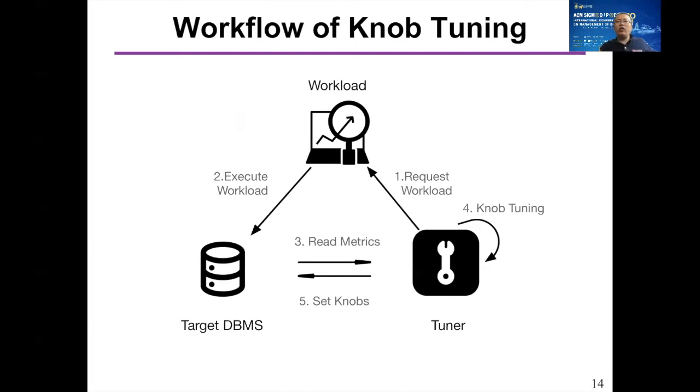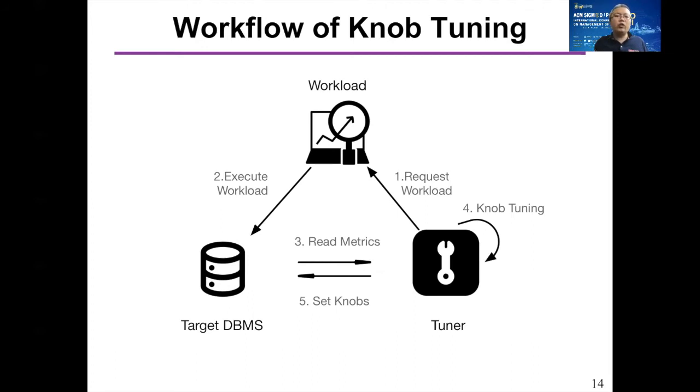Next, I will introduce the workflow of knob tuning. For example, a user finds that the database is slow, so can we tune the knobs to make the database faster? The first step is that the automatic knob tuning system will collect recent workloads, for example, from hours or weeks, and run the workloads on the database system.